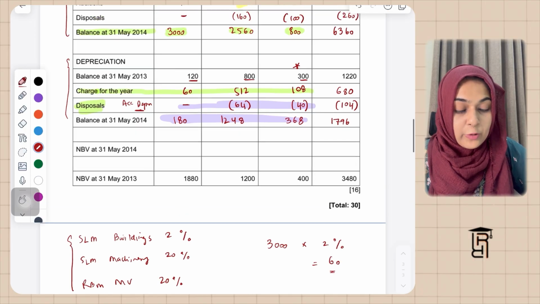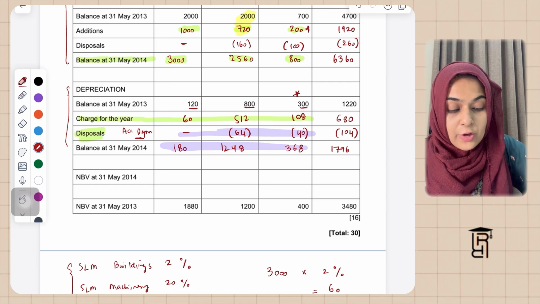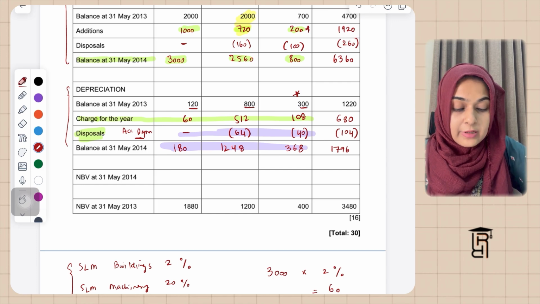एंड देन नेट बुक वैल्यू बहुत आसान है। नेट बुक वैल्यू का फॉर्मूला क्या है, कॉस्ट माइनस अक्यूमुलेटेड डिप्रिसिएशन है। कॉस्ट ऑफ बिल्डिंग्स इज 3000 at 31st May 2014। Total depreciation at 31st May 2014 is 180.